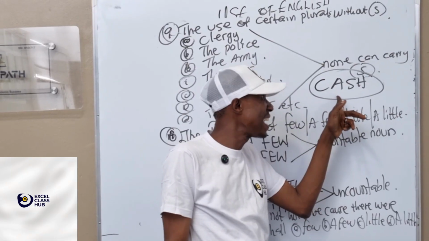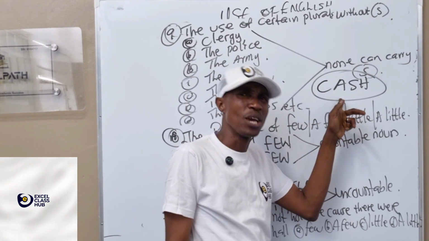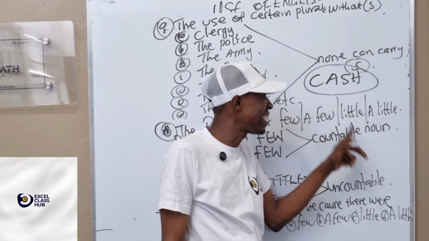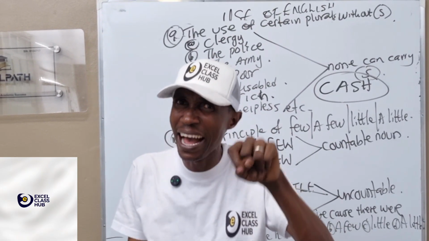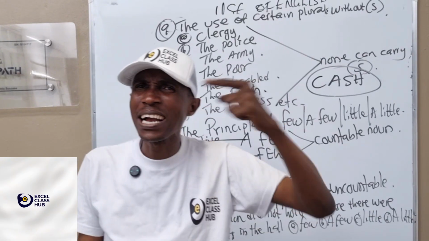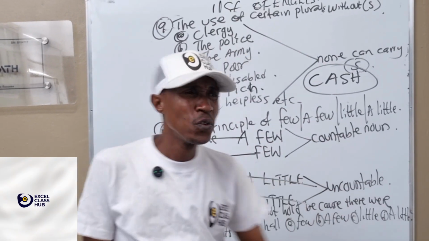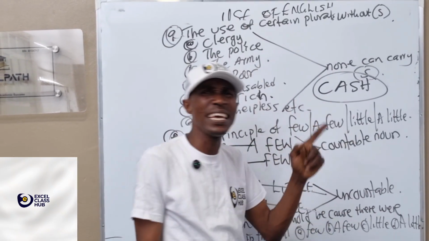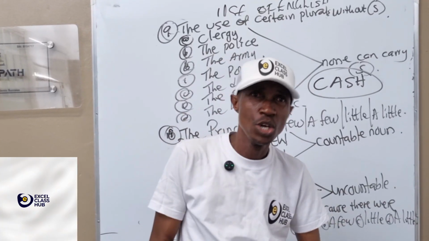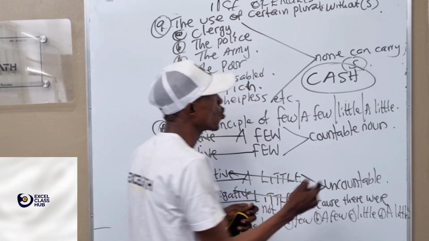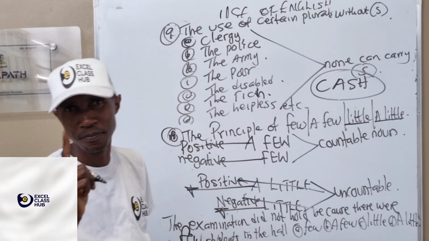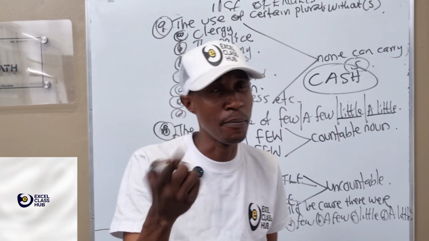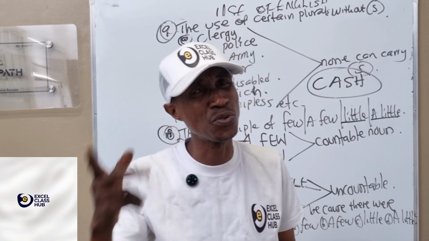You cannot see the end of what? Cash. Which connotes that cash is uncountable. Take note of that. So whenever a question is related to cash, you are expected to go with little or a little. I can't give you anything because I have dash cash with me.